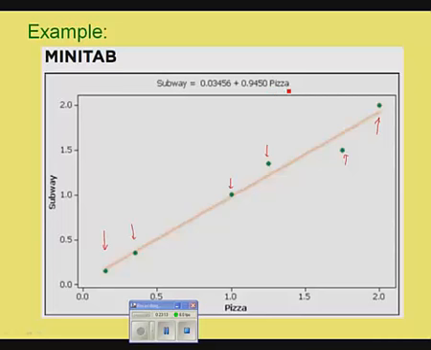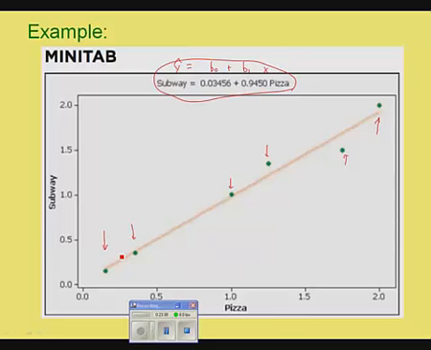And then here is the graph. Well, that's the equation of the red line graph. You notice, it's kind of funny, they say subway equals this. So it's y equals b0 plus b1x. And I would put y hat because, again, this is a sample.